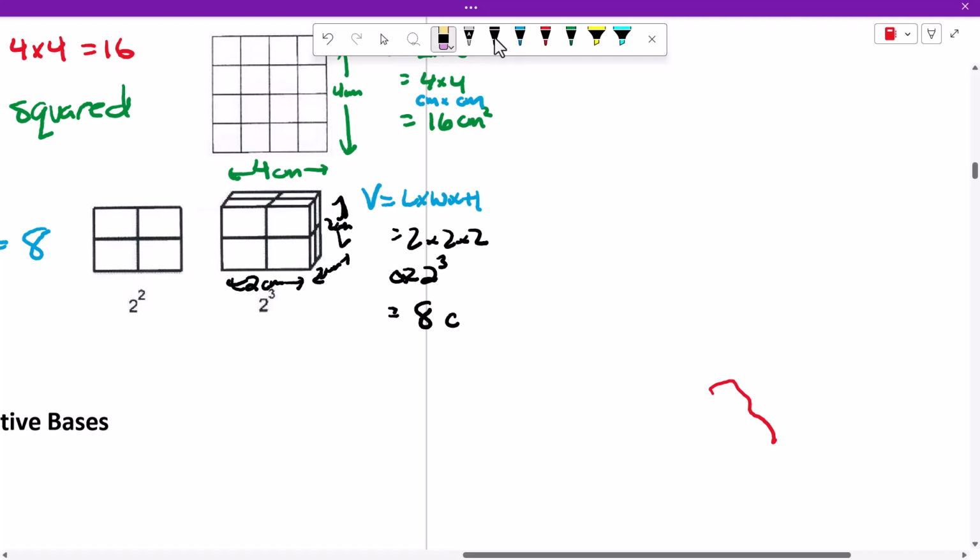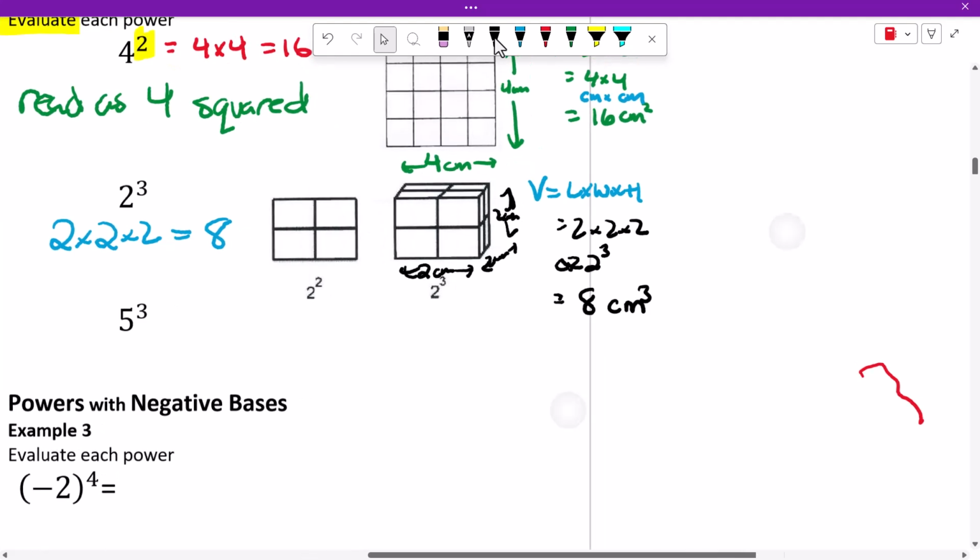This is why our units were always cubed. Centimeter times centimeter times centimeter, right? So centimeters cubed or feet cubed. So that's why it was always cubed, and 3 is another special exponent that shows up in a lot of formulas in math. So read that as cubed, right? So this is read as 2 cubed.